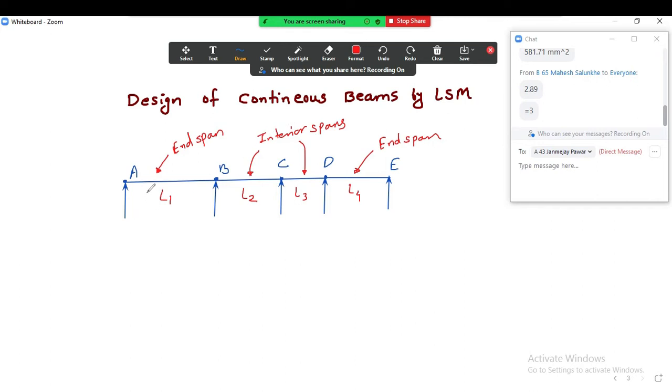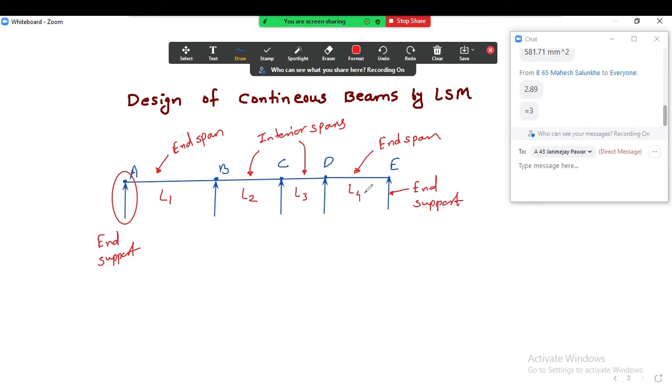Now if I highlight this support which is at point A, this support is called the end support. Similarly on this side, the support at point E is also called the end support.